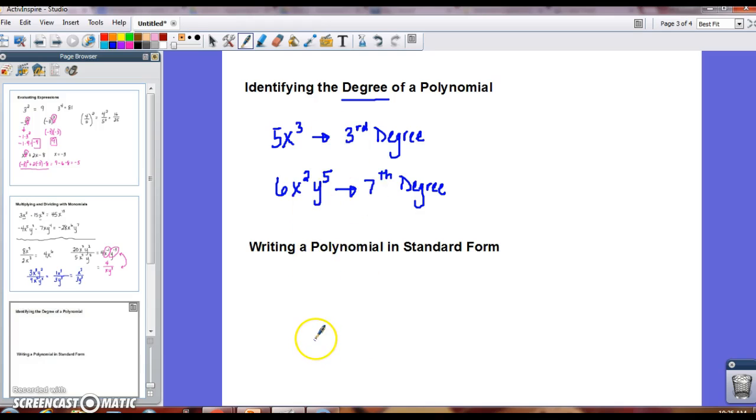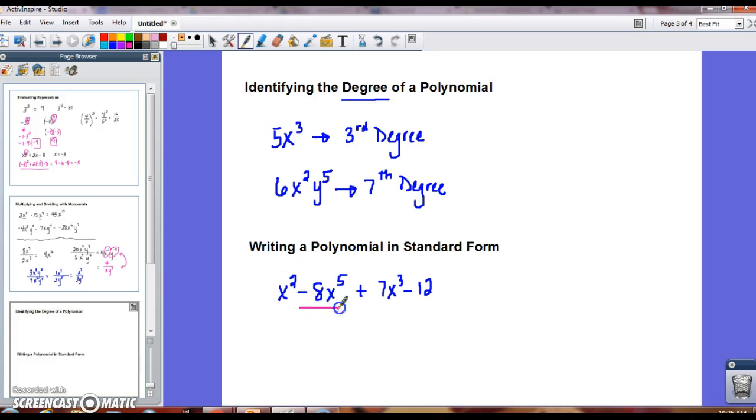When you are writing a polynomial in standard form, so I have x squared minus 8x to the 5th plus 7x cubed minus 12. Writing it in standard form means you start with the largest exponent and then you work your way down as you write them.